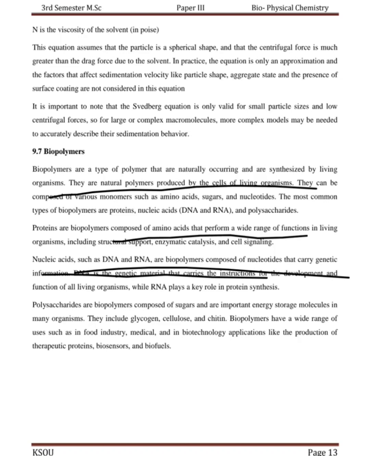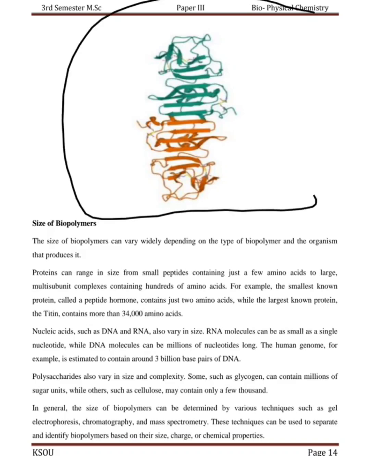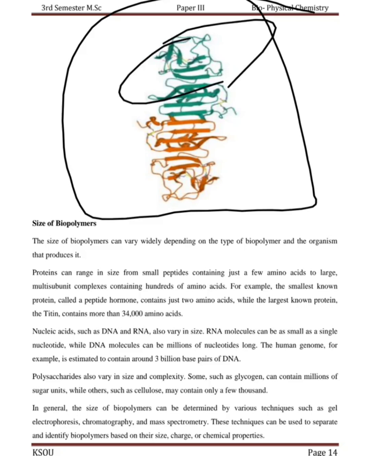And this is the structure of a protein, which can also be known as a biopolymer. Protein is made of amino acids, the building blocks. In the next unit you will learn what amino acids are and their constituents, and how proteins are built.